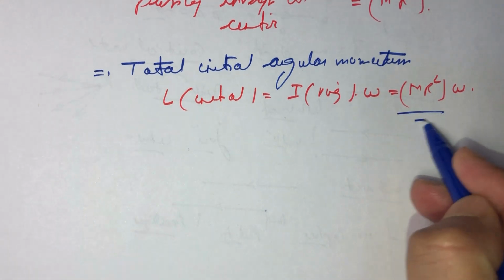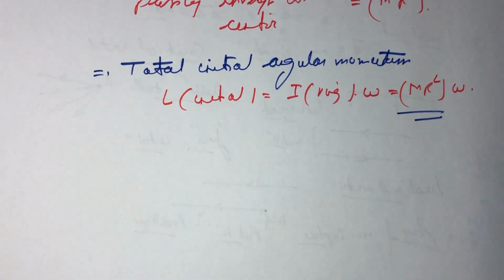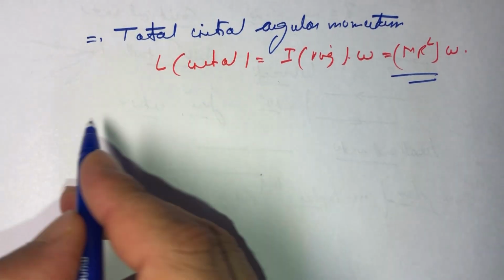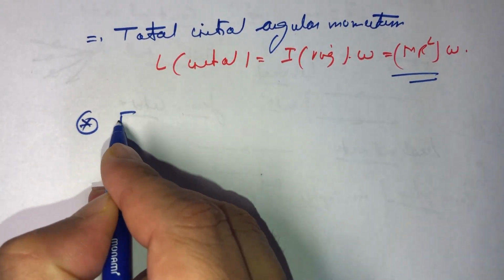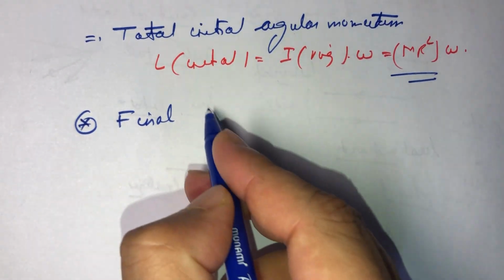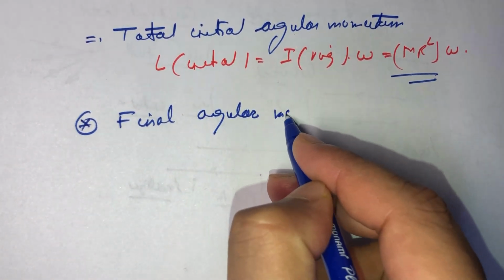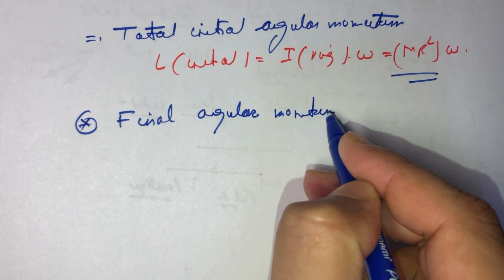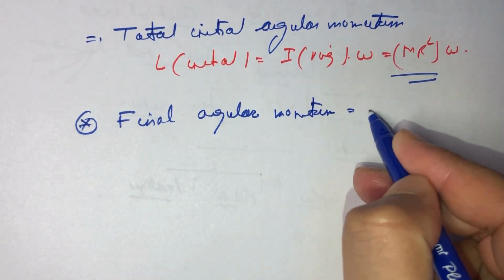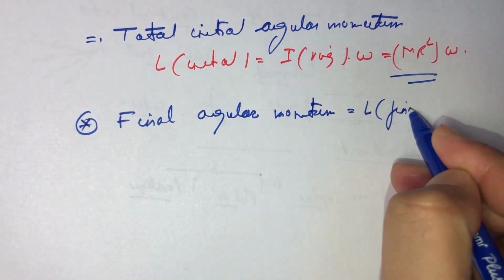Now we are going to find out the final angular momentum. Final angular momentum, let us suppose that is given as L final.